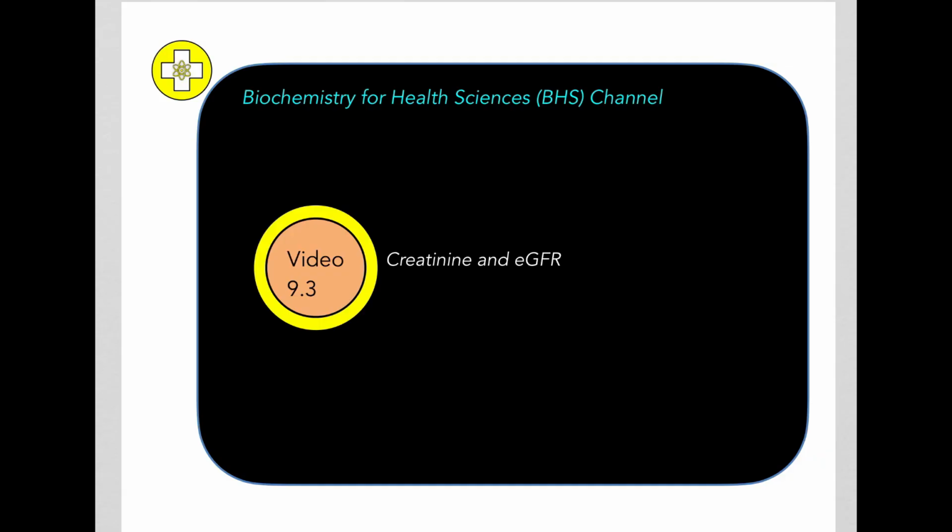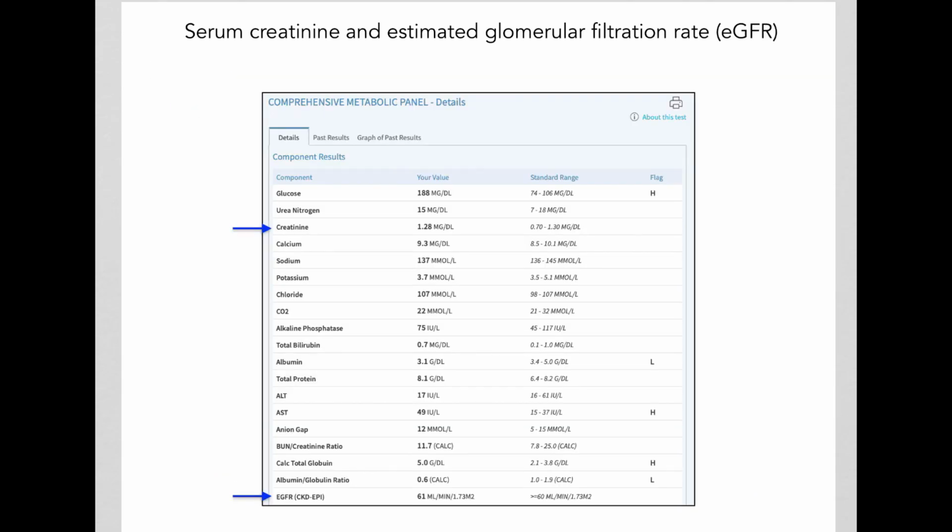In today's video, we shall discuss creatinine and the estimated glomerular filtration rate, or eGFR. Like urea that we discussed in the last video, creatinine is also a nitrogenous waste product that our body eliminates so that it does not accumulate.